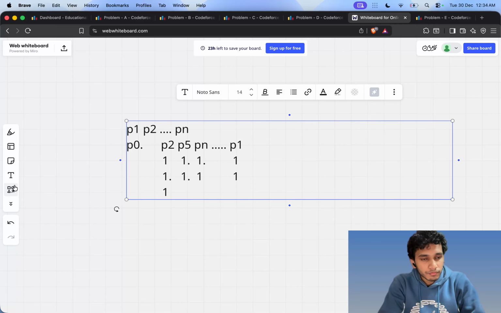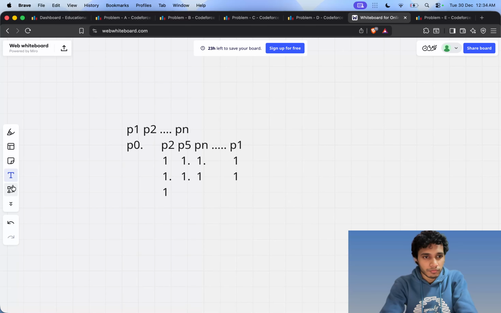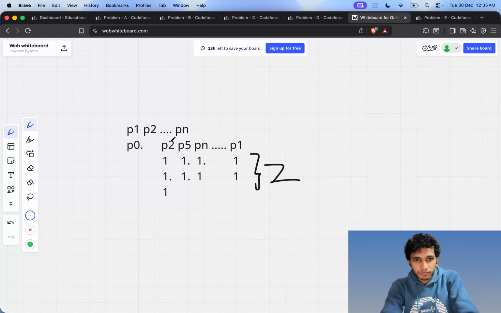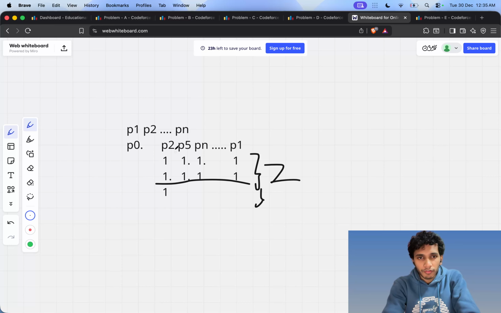Okay, so if we analyze it clearly, we used two decorations for everyone from P5 to P1 and three decorations only for P2.